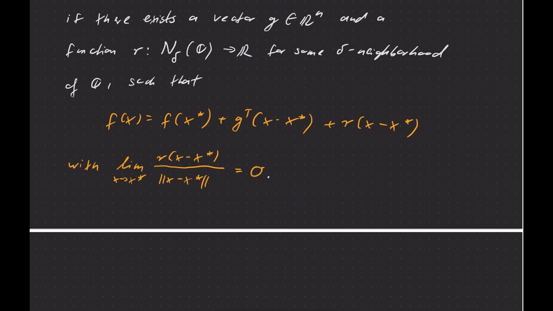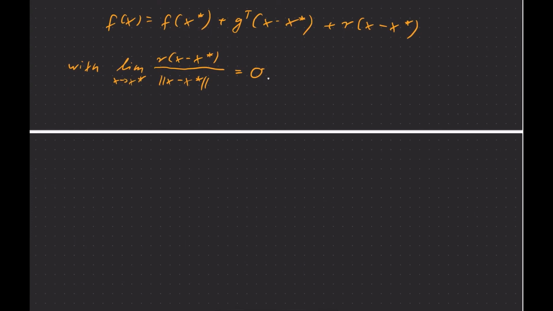So the idea is that this remainder, this error, goes to 0 quicker than the distance of x and x star decreases. Okay, so let's make a note of these points. So what the G does is provide this linear approximation.